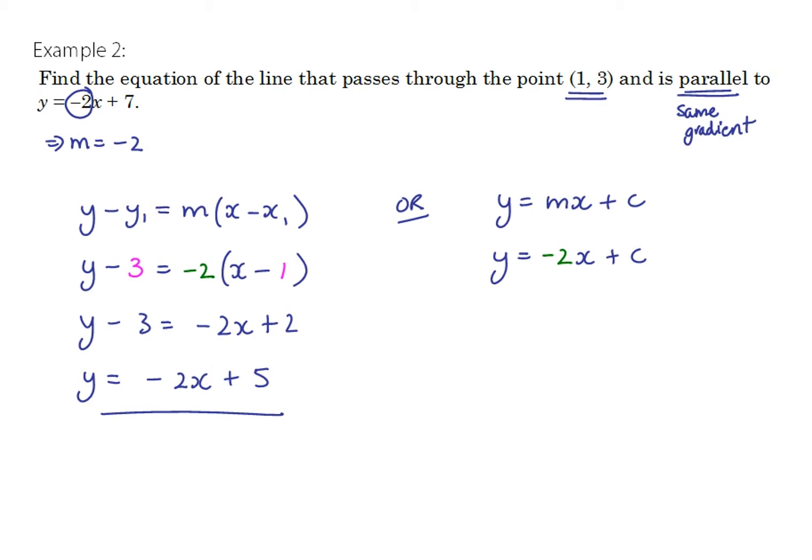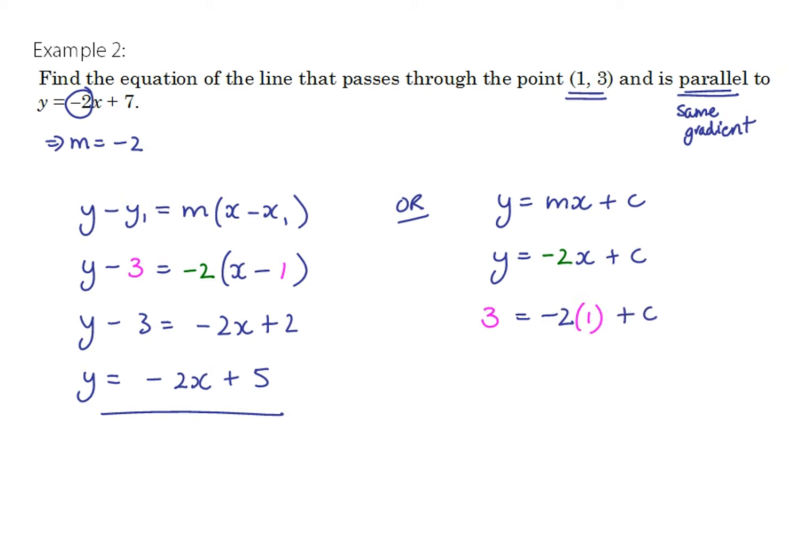And remembering the problems that we solved in the video titled Equation of a Line, we know that if we know a point, we can substitute that into the equation, because a point is telling me that when x equals 1 for this equation, y must be equal to 3. So we can use that in order to solve for c. So I'm going to substitute the point 1, 3 into my equation. So y is equal to 3 when x is equal to 1.